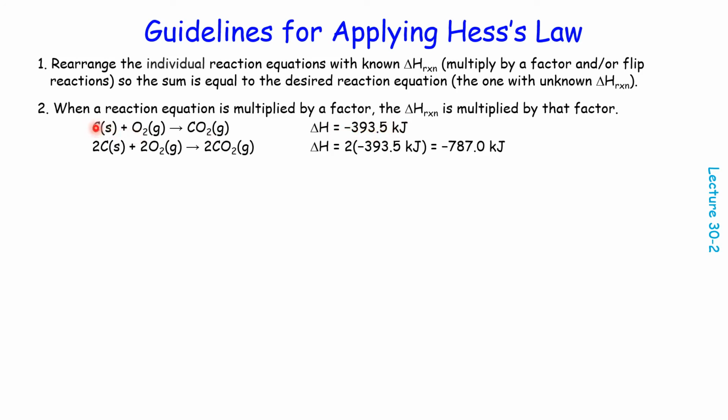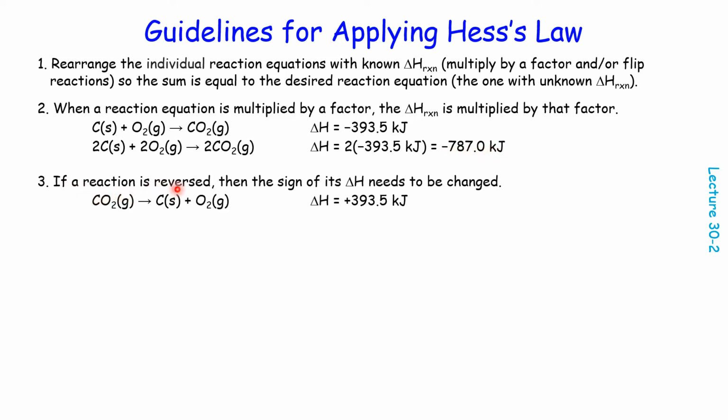But if you multiply the first reaction by 2, C becomes 2C, O2 becomes 2O2, CO2 becomes 2CO2, then you have to do the same for the delta H. The delta H value for the first reaction has to be multiplied by 2. So the delta H for the second reaction is negative 787 kilojoules.